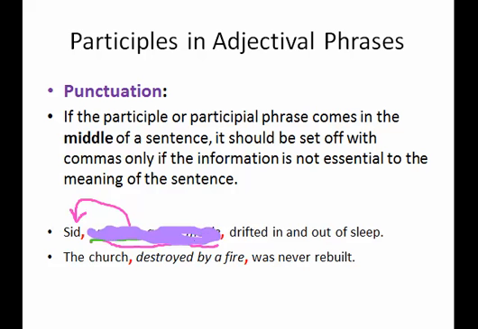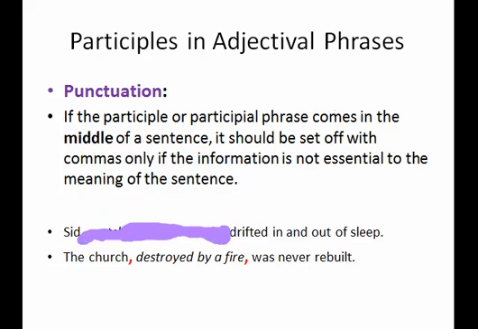So remember that adjectival phrases, or the participle adjectival phrases, basically provide you with extra information about the noun. Okay, if you remove that extra information, the sentence will still be complete.